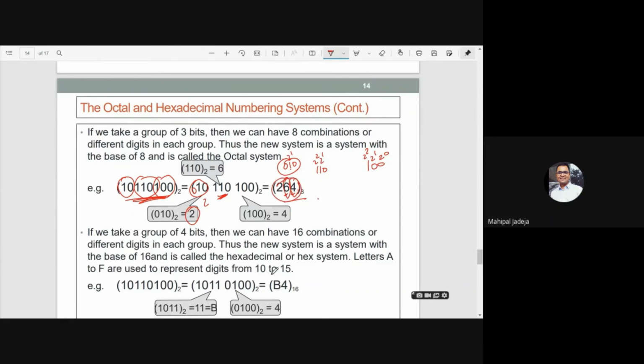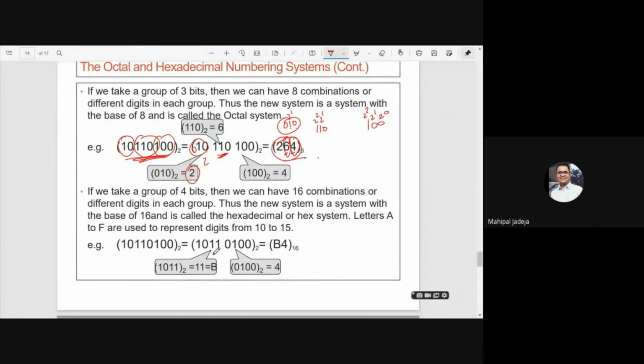And the same thing we can do with respect to base 16 also. But in base 16, there are some issues. What are the issues? Whenever I want to represent anything with base 16, the digits 0 to 15 are allowed. But now what will happen if my number is 10? Do I need to consider this 10 as ten, or is it 1 followed by 0?